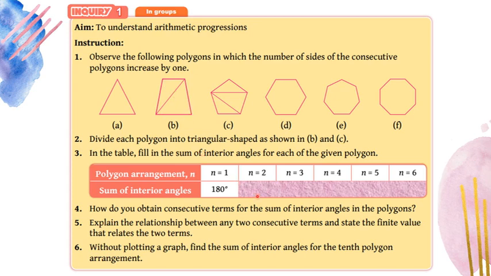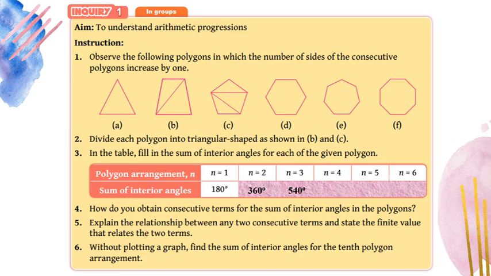So what is the sum of interior angles? 180 and 180, so we will get 360 degrees. For C, there are 5 sides, so if we divide into triangular shapes, we will get 3 triangular shapes, which is 180, 180, 180. 180 times 3 is equal to 540 degrees.